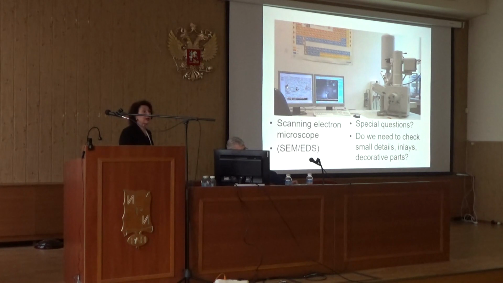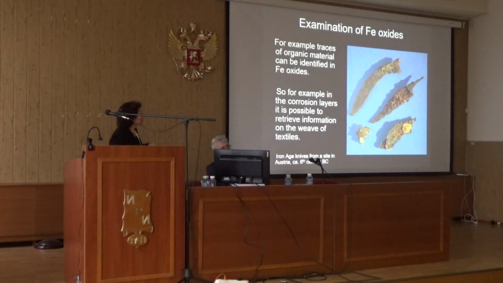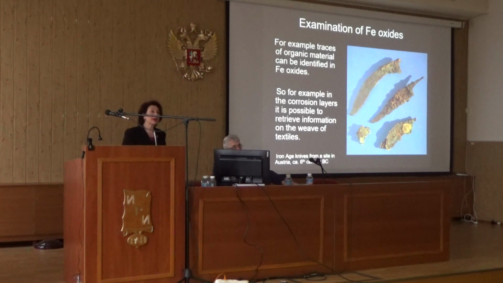I use the scanning electron microscope, of course, which is very, very useful. For example, we also had the examination of the iron oxides, which are on these Iron Age knives from Austria. You can see, I hope, here on the knives, the imprints of textiles.